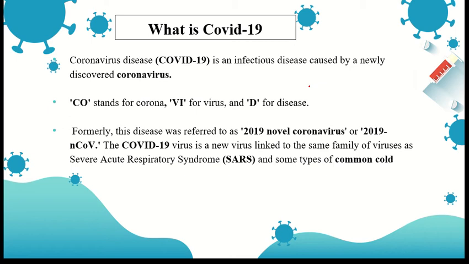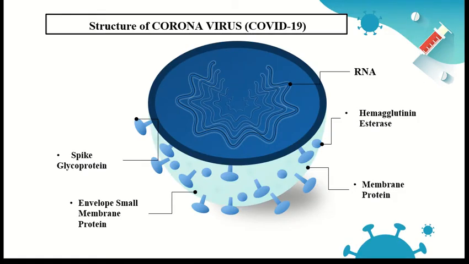The COVID-19 virus is linked to the same family of viruses as severe acute respiratory syndrome, SARS, and some types of common cold. It means that the virus is not entirely new, but it is a new strain from the family of viruses such as SARS and MERS. Now let's look at the structure of coronavirus.